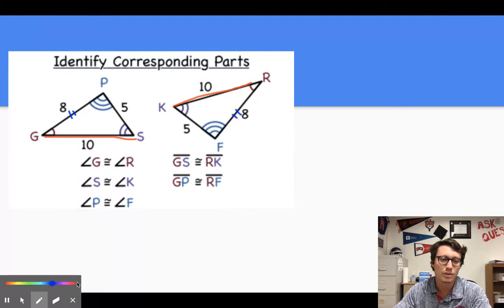And then if we wanted to use a third one, it's not written here, but we see that line segment PS would be congruent and corresponding to line segment KF or FK. Okay, so that's just another example.